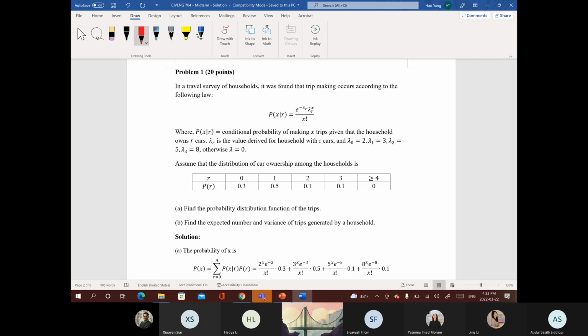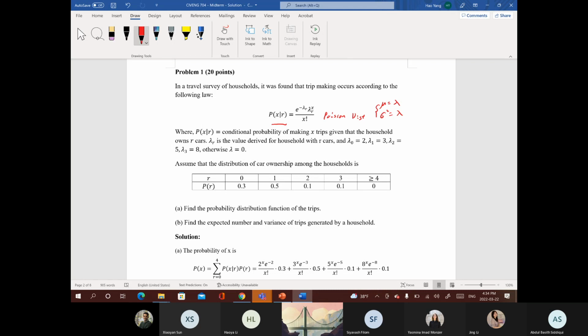In the problem, you are provided with the conditional probability of x given r, which follows a Poisson distribution. For the Poisson distribution, the mean value is lambda, and I guess the variance is also lambda.